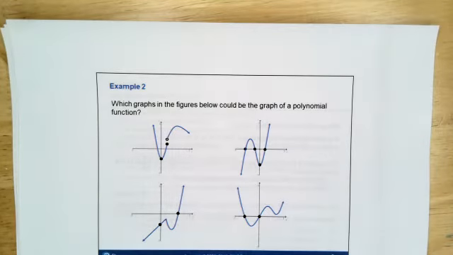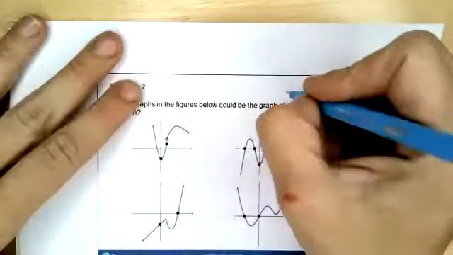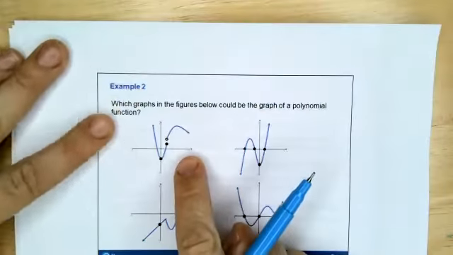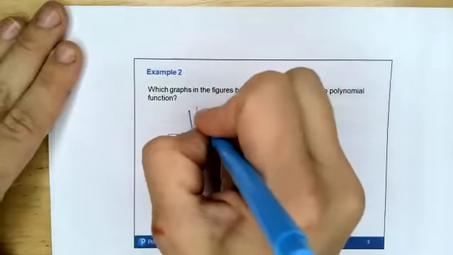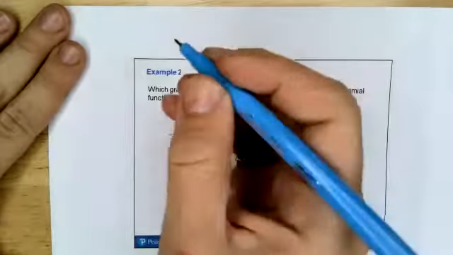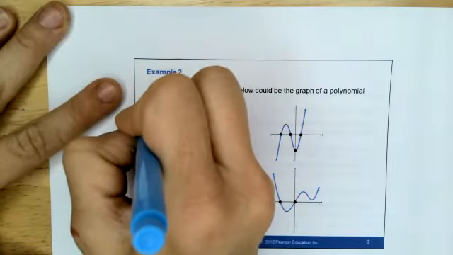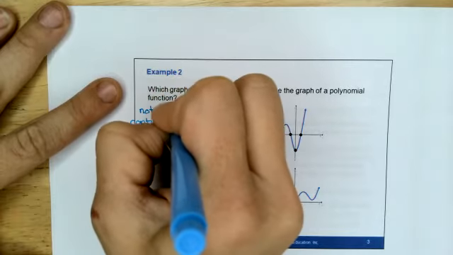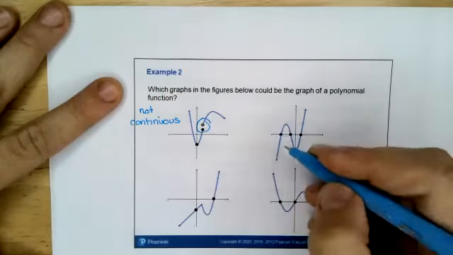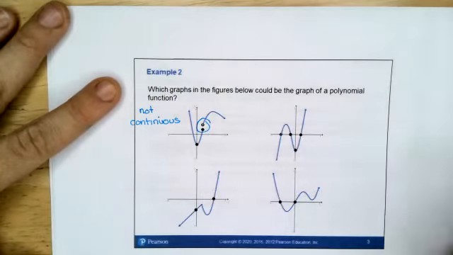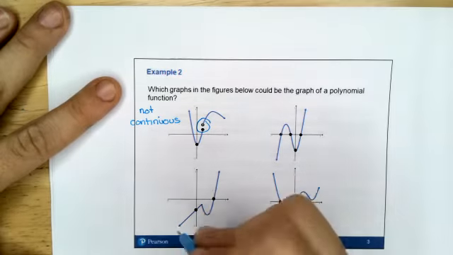Good. All right. Which ones could be the graph of a polynomial function? Remember, the rule for that is smooth and continuous. This one, this is not continuous, right? This one, nice, smooth, and continuous.